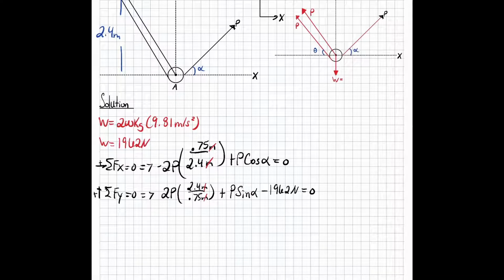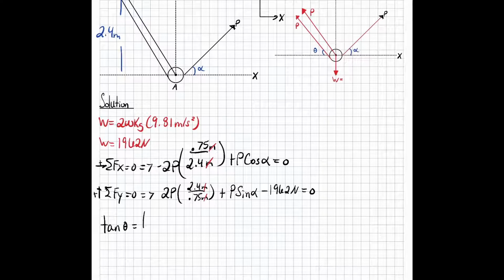Well, the problem is with those numbers, 2.4 and 0.75 or vice versa, those are not the correct angles that we need to worry about. We need to actually change that into an angle theta. So the way to do it is you would find the tangent of theta is equal to sine over cosine.